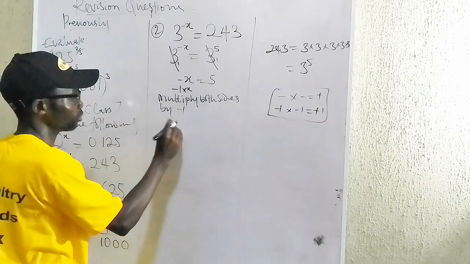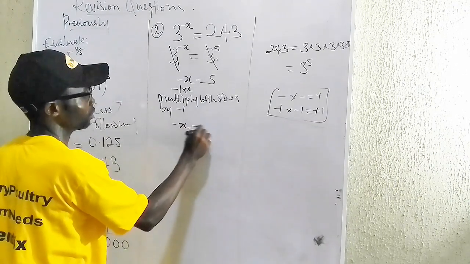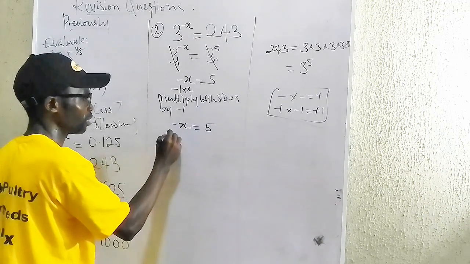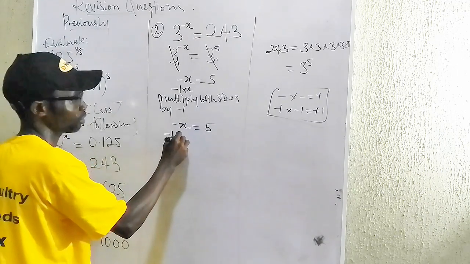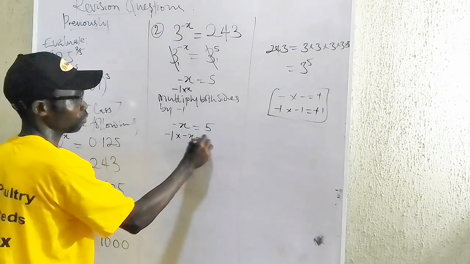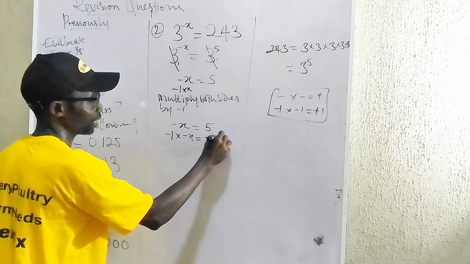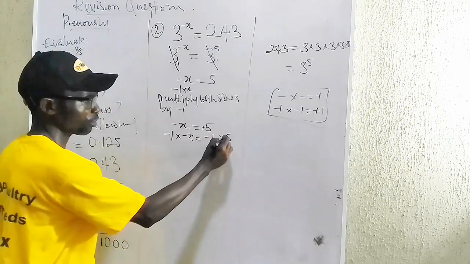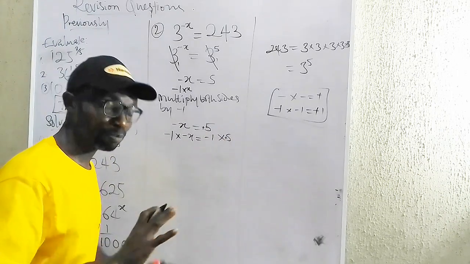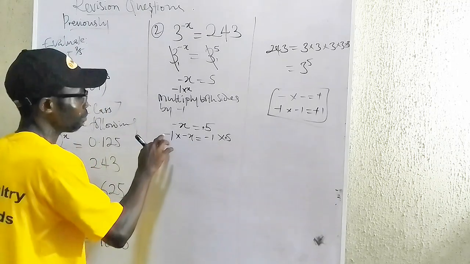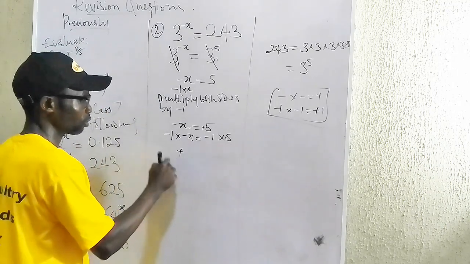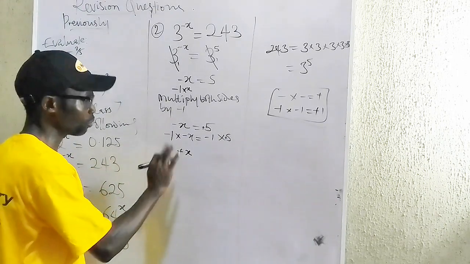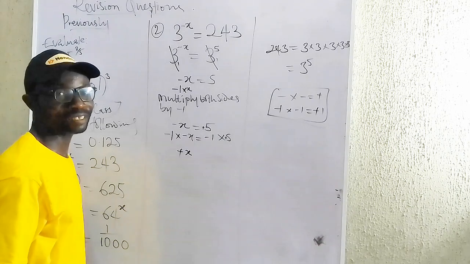So what we have here is minus x is equal to 5. When we multiply both sides by minus 1, it's going to be minus 1 times minus x is equal to minus 1 times 5. Now remember, this 5 has an invisible plus. Every number has an invisible plus. Now minus times minus gives you a plus, and 1 times x gives you x. So in other words, we succeeded in taking away the minus sign.